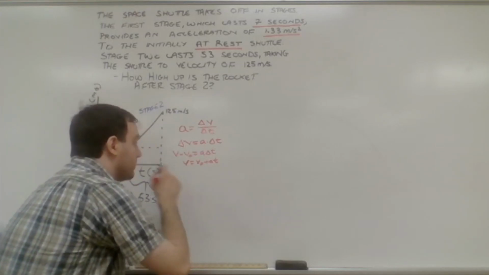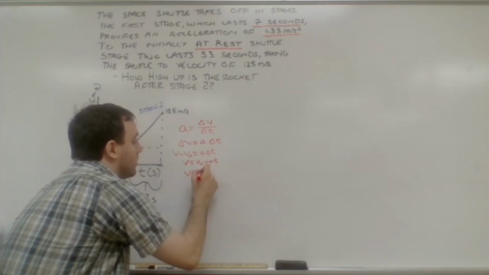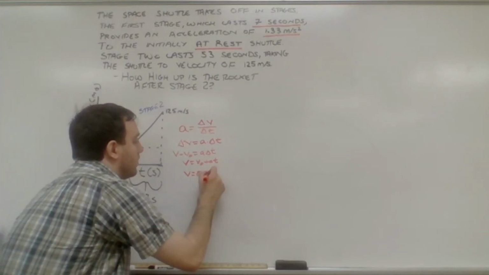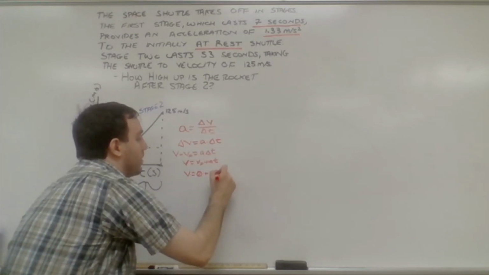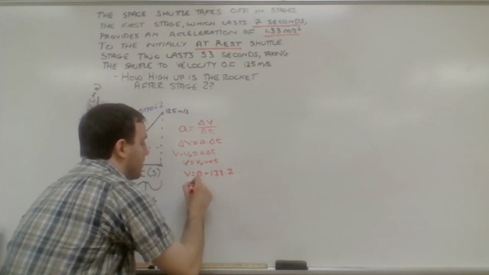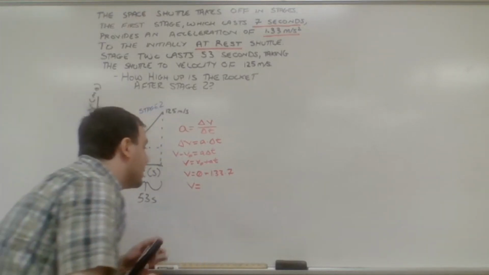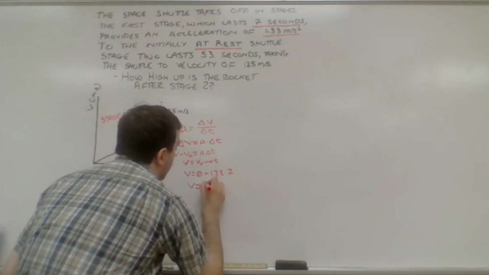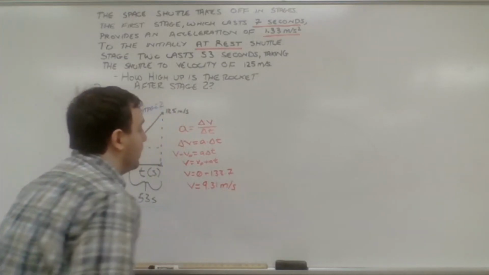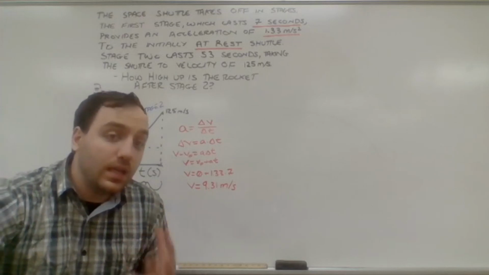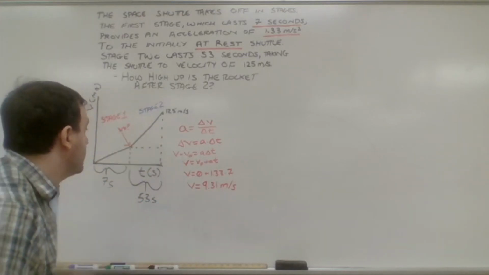From here, you can plug in my numbers. v equals 0 plus acceleration, which is 1.33 times 7. v equals, go ahead, plug it in, 9.31 meters per second. Now from here, it's just a graph. We have 3 parts.